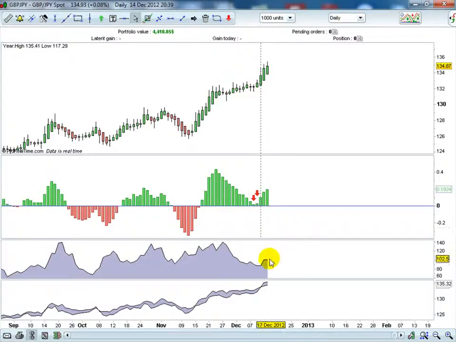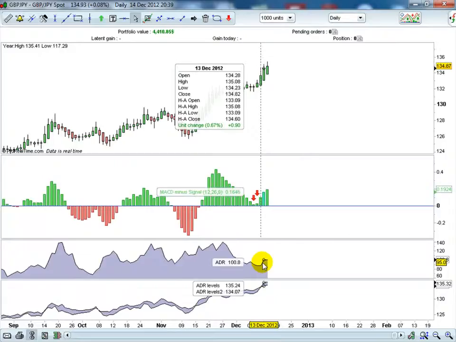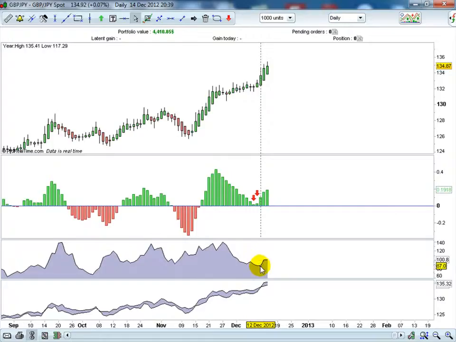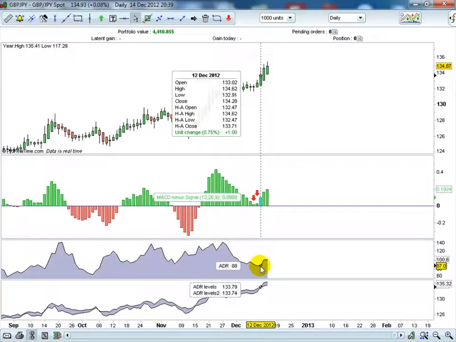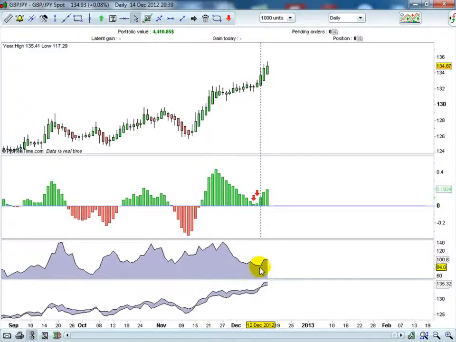In case you're wondering what these other indicators are, the middle panel here is a 5-day ADR calculation, which is the same as average true range in the MT4 platform. Just making sure that you change the default setting from, I believe it is 14 down to 5. So MT4 5-period ATR is the same as just the generic 5-day average daily range that I've programmed here in Pro Realtime.